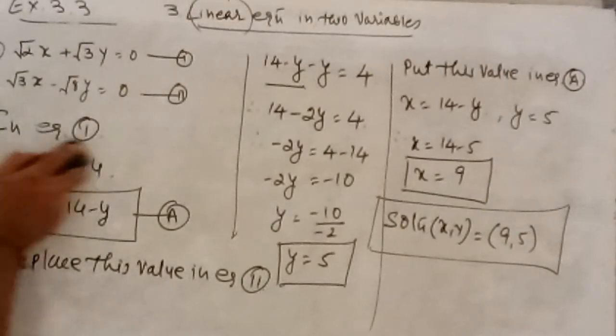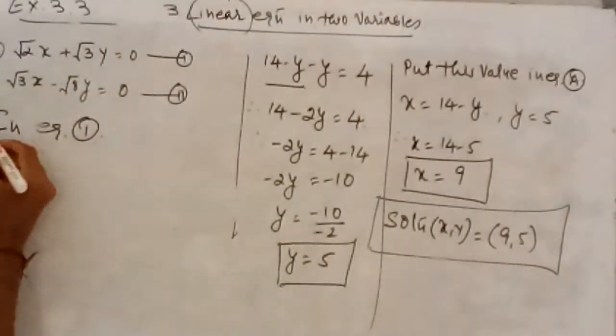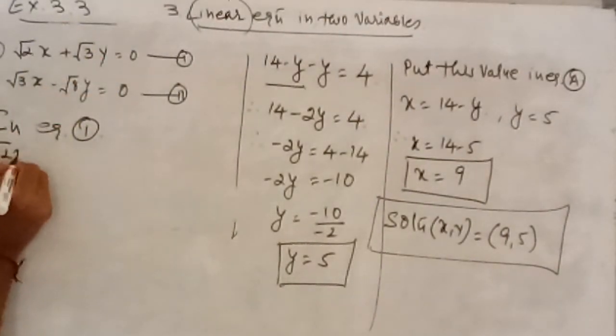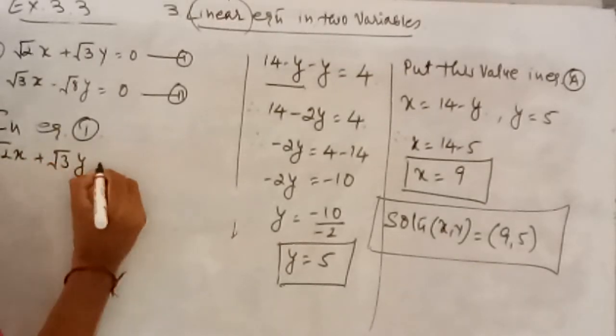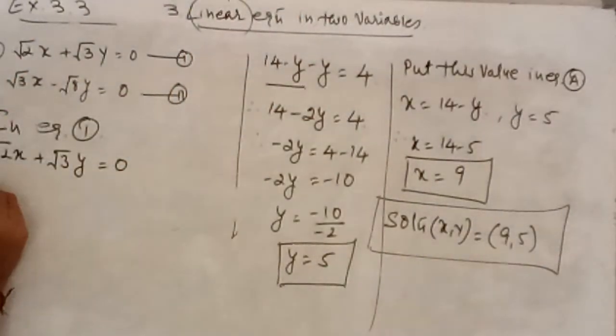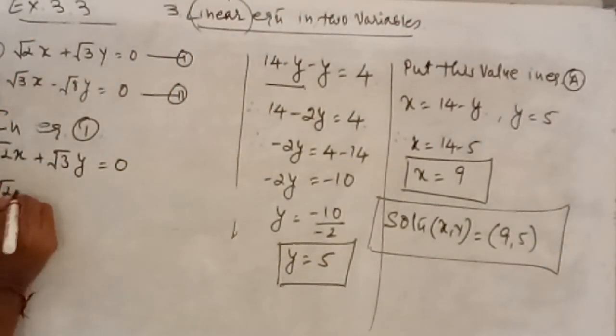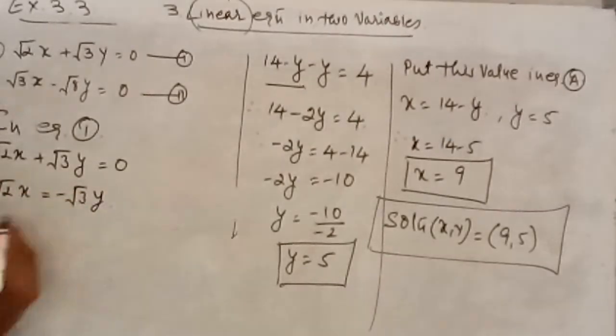Similarly, the statement is same. In equation 1, root 2x plus root 3y is equal to 0. Any one variable we have to switch over on the other side. So it is root 2x is equal to minus root 3y.